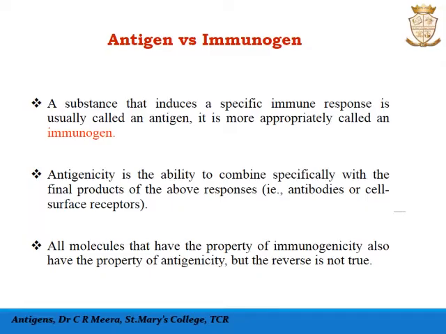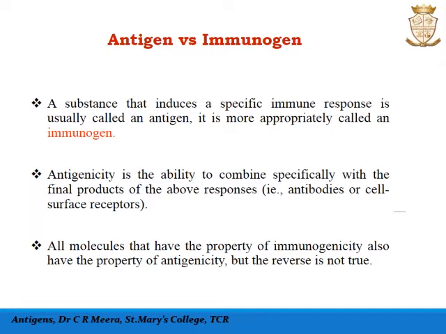Antigenicity is the ability to react specifically with the final products of humoral or cell-mediated immunity, that is, either with the antibody or T cell receptor. That means antigens possess immunological reactivity but no immunogenicity.